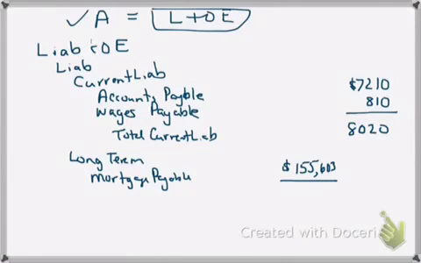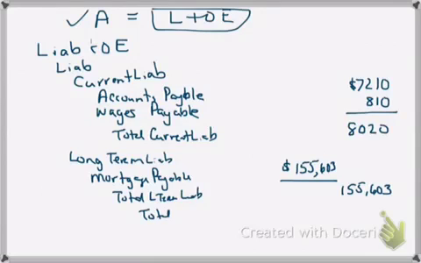I will total that out and get the total long-term liability amount, and that's going to be the 155,603. And then from there I get my total liabilities. So when I add those two numbers together, I'm going to be looking at $163,623.